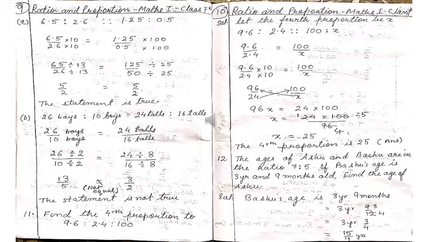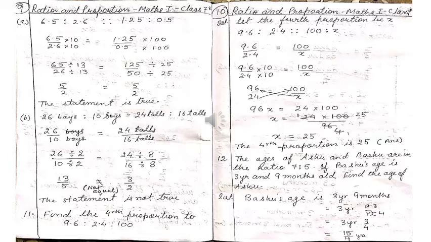Now here the decimals are having one digit, so multiply it with 10, and on the other ratio, 1.25, you have to multiply with 100 to make it in a non-decimal form.